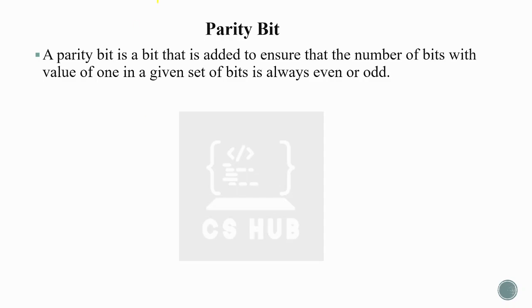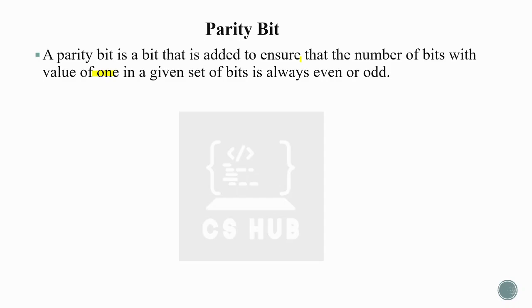Then the concept of the parity bit. A parity bit is a bit that is added to ensure that the number of bits with value 1 in a given set of bits is always even or odd. That means a parity bit counts the number of ones. Our digital data is a combination of zeros and ones, right?